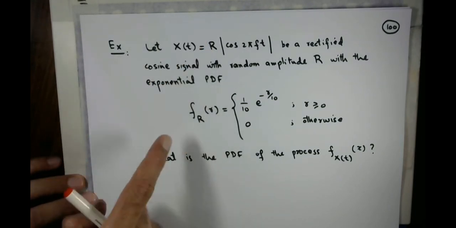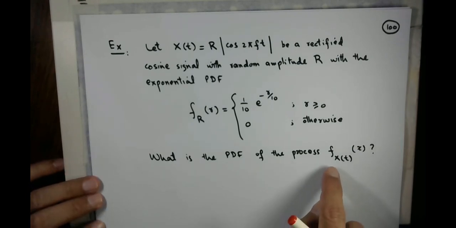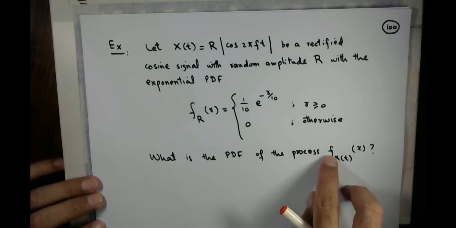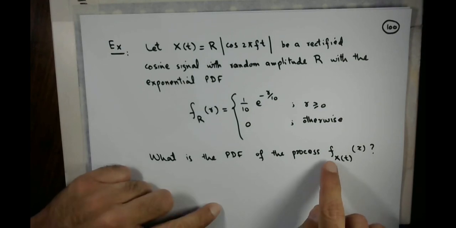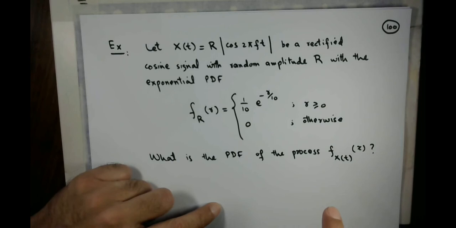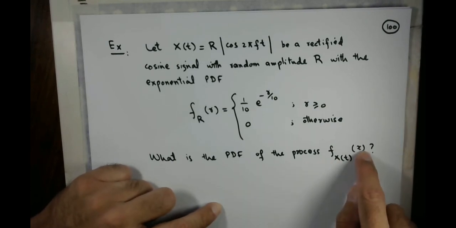We are required to find the PDF of the process. The notation for the PDF of the process is simply f sub X of t. For the PDF of a random variable you wrote f sub X of x, but for the PDF of a process, you will write f sub X of t of x.